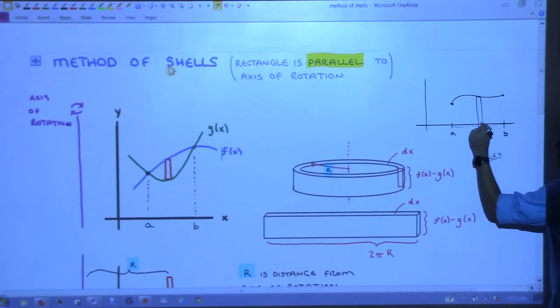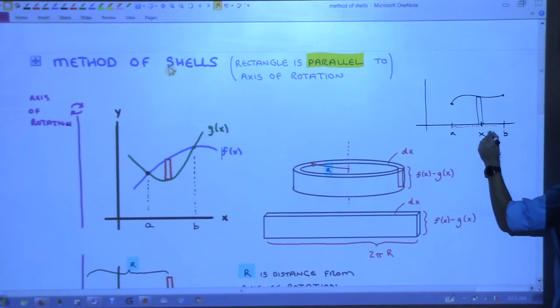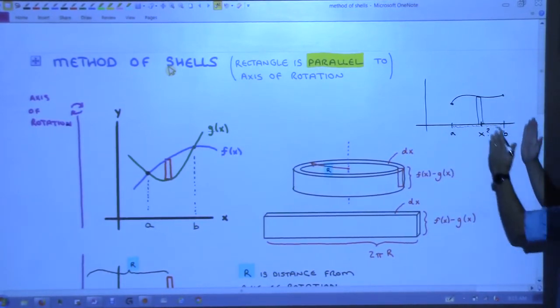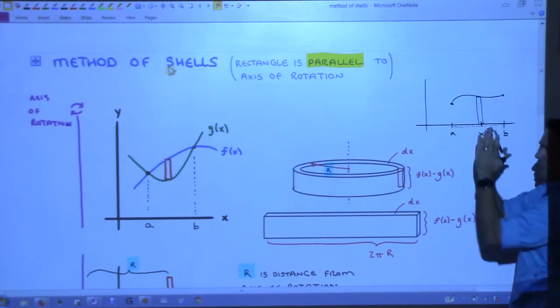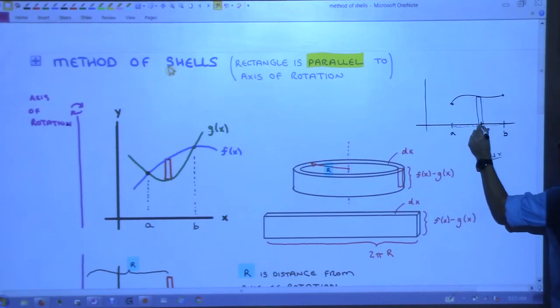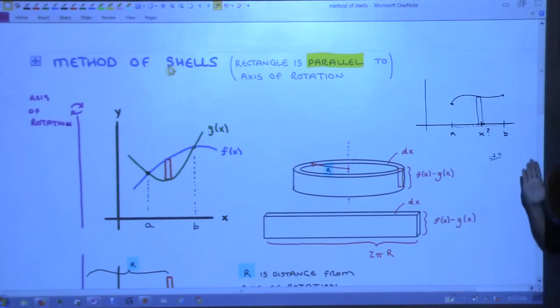So this rectangle has some x coordinate as it moves from a to b. Because the rectangle becomes super thin, we can look at it as a single point, as opposed to a left endpoint or a right endpoint.